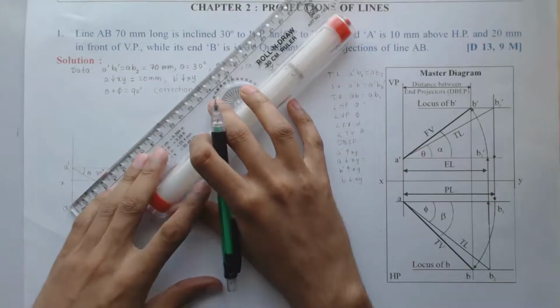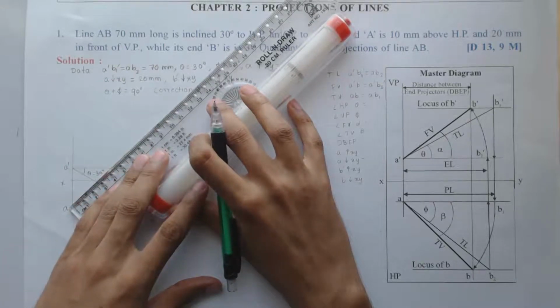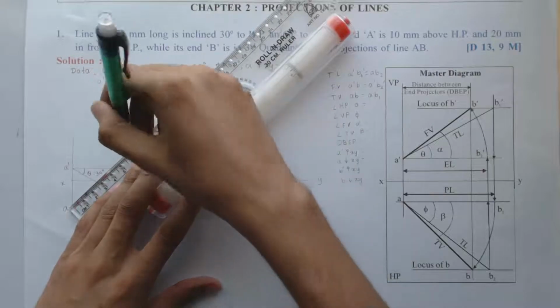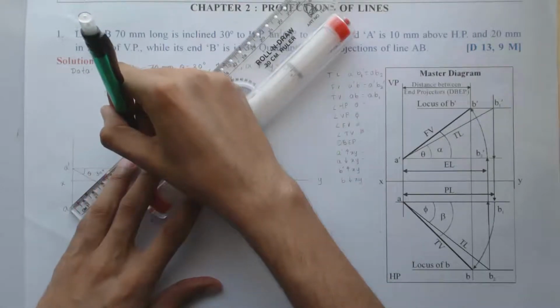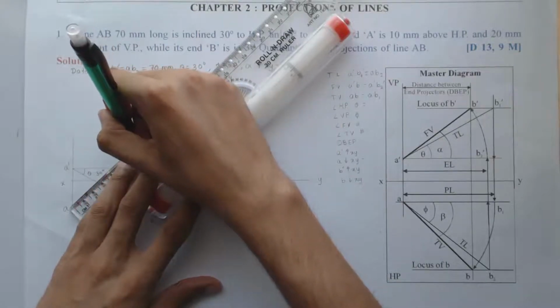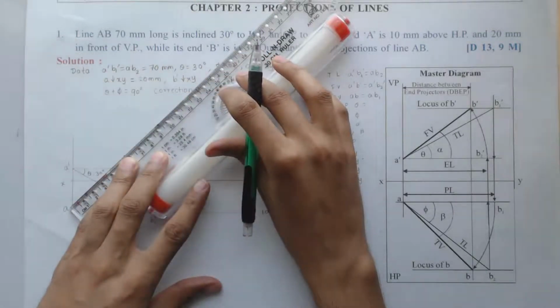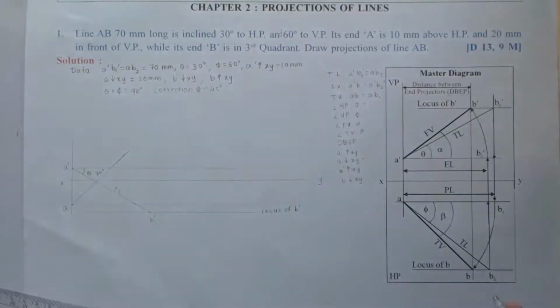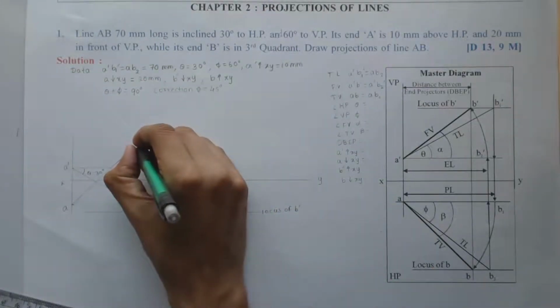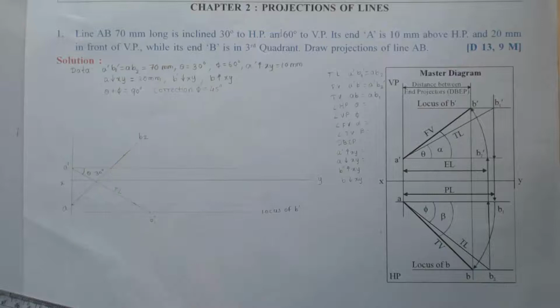From A at an angle 45 degree, I'll measure the length 70 mm to mark the corresponding point B2. So this end point will give me point B2.